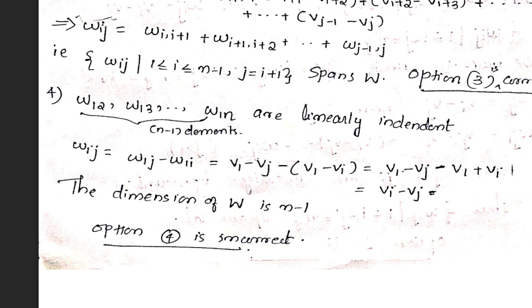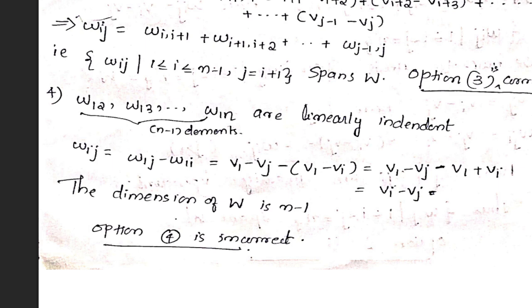Don't think that it is n. Okay. We take one element Wij from W. We can write it as W1j minus W1i. How can we write Wij like this?